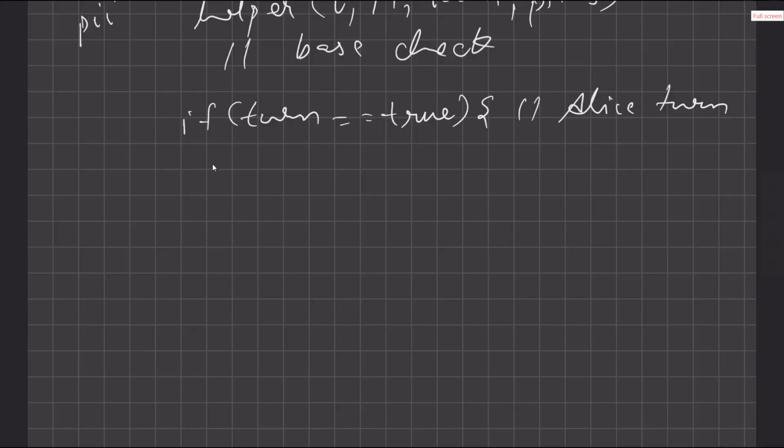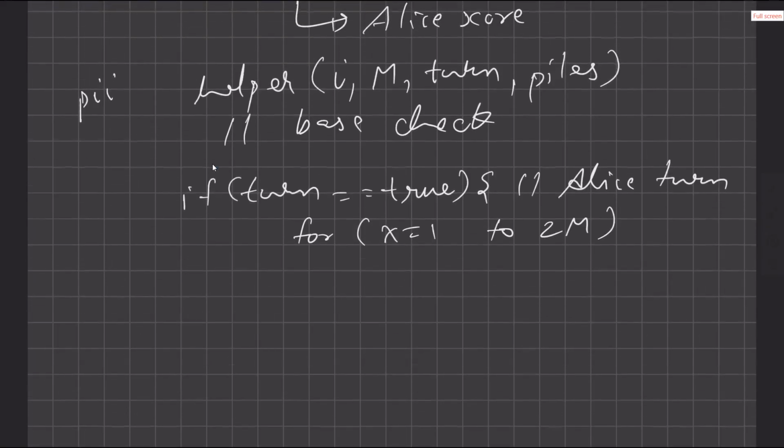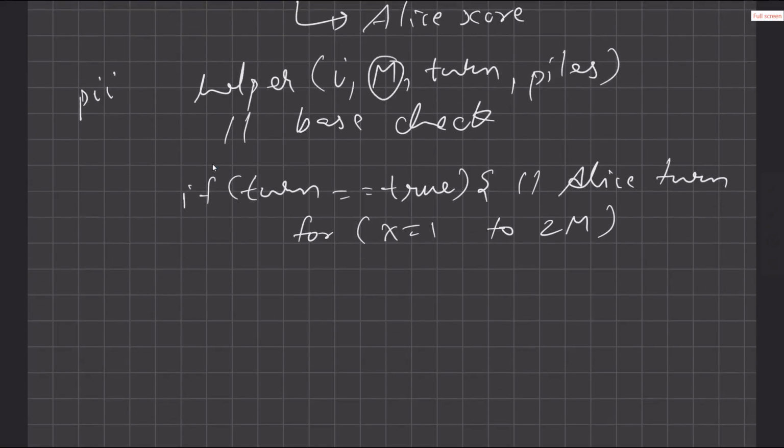If it is Alice's turn, how many stones can she choose? She can choose from 1 to 2m stones, and m is coming from this function. Initially we'll choose just one stone, then two stones, then three stones, up to 2m stones.